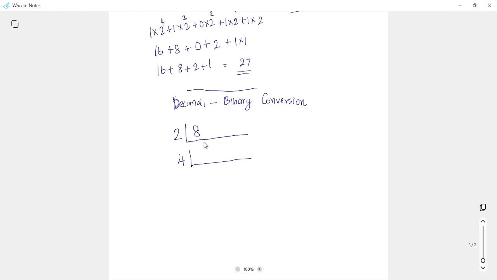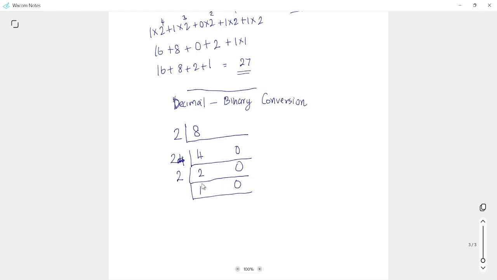I write 4 here. 8 divided by 2 is 4. Remainder is 0. Again, I divide 4 by 2. Again, I get 2. Again, the remainder is 0. Again, I divide by 2. I get 1, and the remainder is 0.